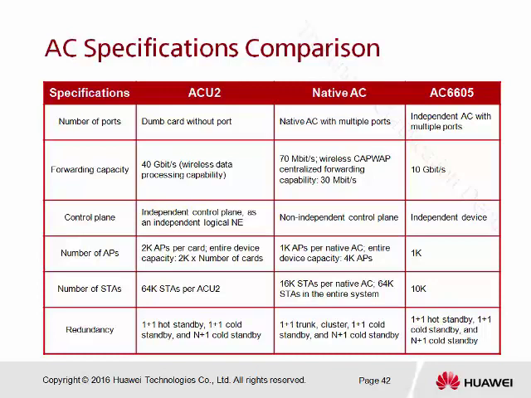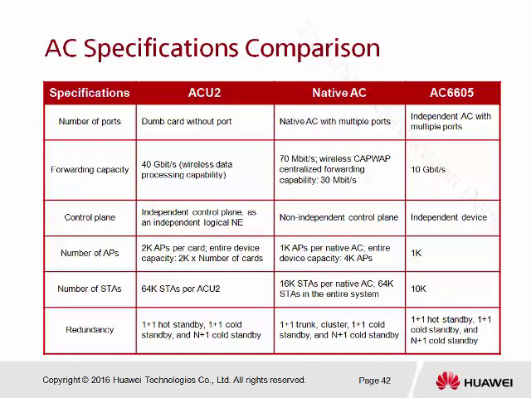Then for the native AC, it can only support 1000 APs. The entire device capacity is 4000 only. They also have the number of access users, how many they are able to manage. This access user is the client trying to connect and managed by the AC itself.